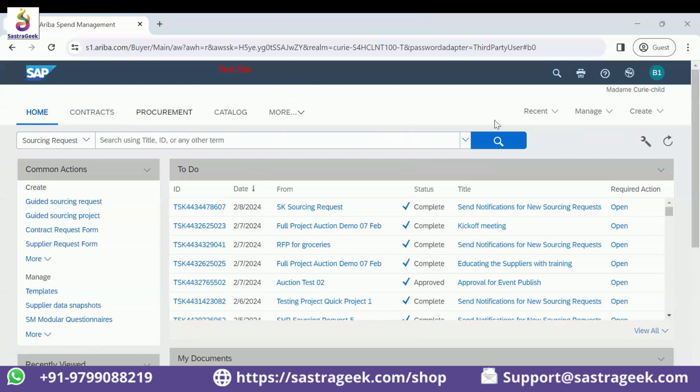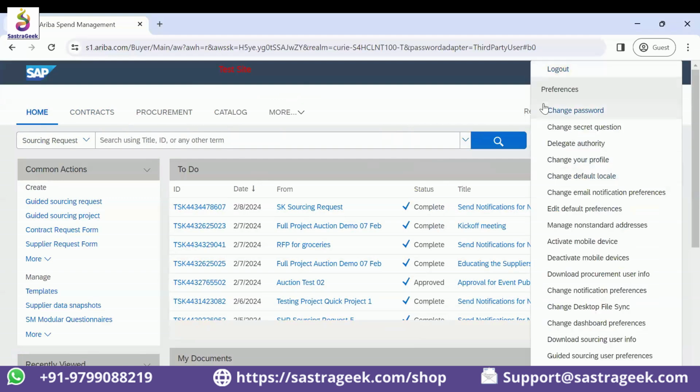Okay, now let's explore the Ariba dashboard. On the top right-hand corner, where you see your initial or username, you have the self-services menu where you can change your password, change your secret question, and set delegation of authority.